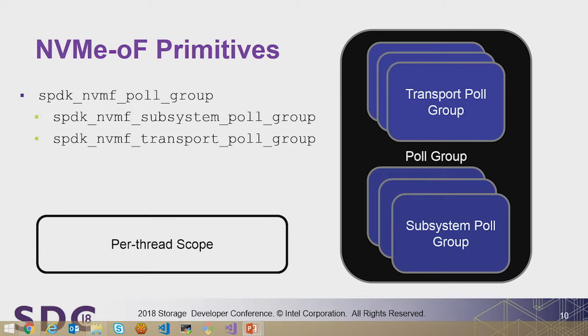So from those two pieces of information, you can grab the subsystem, which we store as just a pointer from the queue pair object. So you grab the subsystem, and then you do the array math offset on the subsystem poll group to get the right queue pair for your thread for your namespace, and you submit the command.